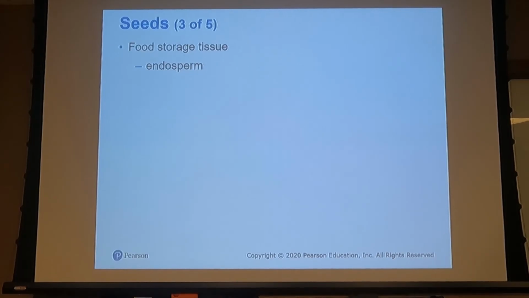Our food storage tissue is going to contain the endosperm. It also is important for giving food to the cotyledons.